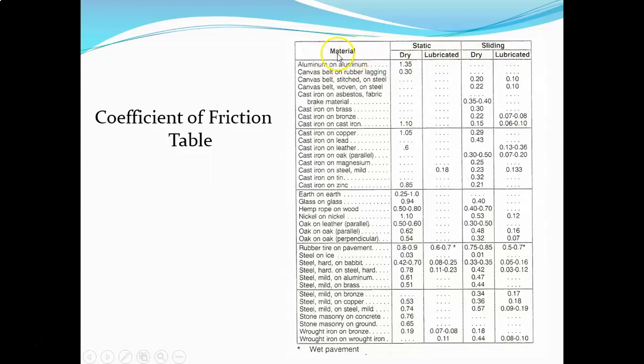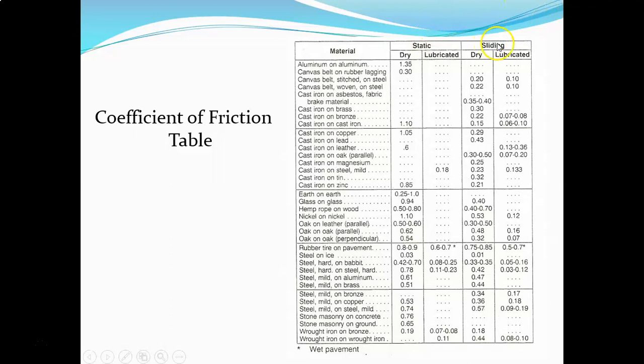You've got the material on the left column, whatever type of material sliding on a different type of material. Then we move out to the next two columns, which are static, stationary, sitting still. Like I said, it's going to be a higher friction level.